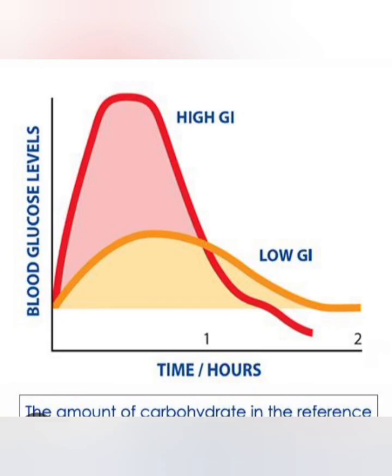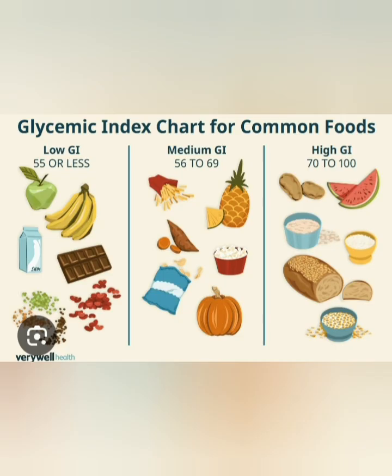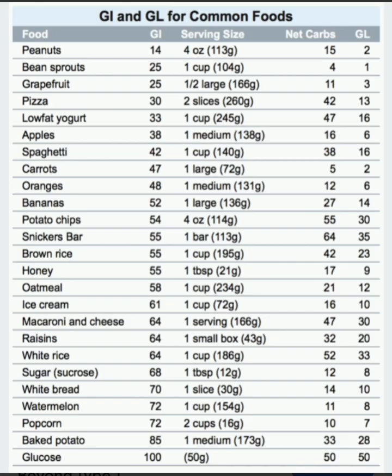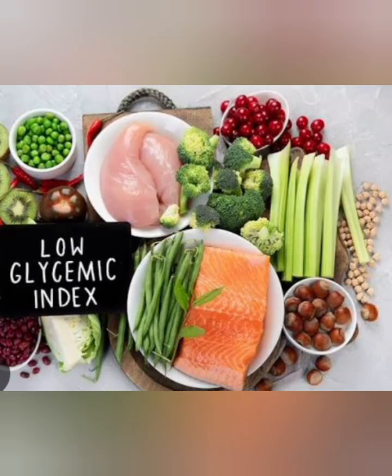Low glycemic load meals: grilled chicken breast with roasted vegetables, salad with grilled chicken and avocado, lentil soup with a side of green beans, omelette with spinach and mushrooms.